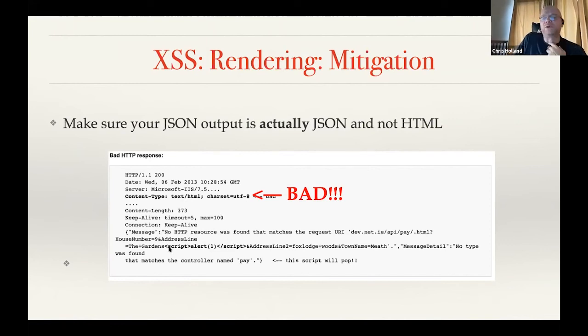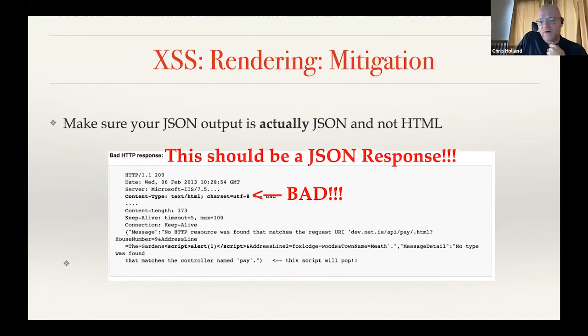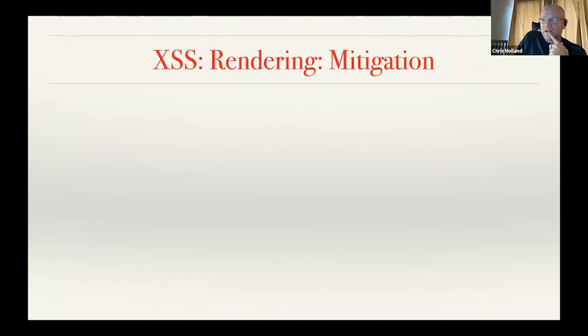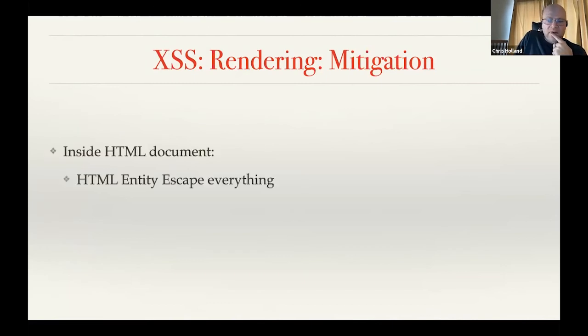And your web browser is going to see this script alert tag here, and it's going to pop an alert, right? So make sure that you set the proper MIME type on the content type header on your JSON API. So here's an example of what it should be: content type application/JSON. That is good. Okay. All right.